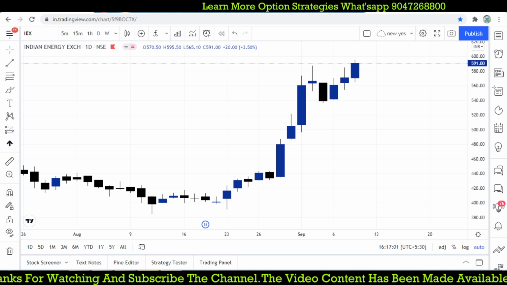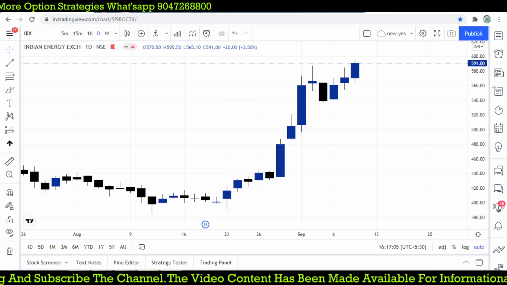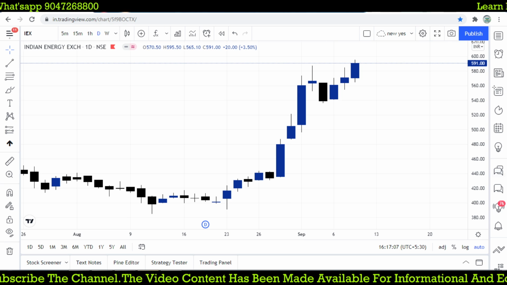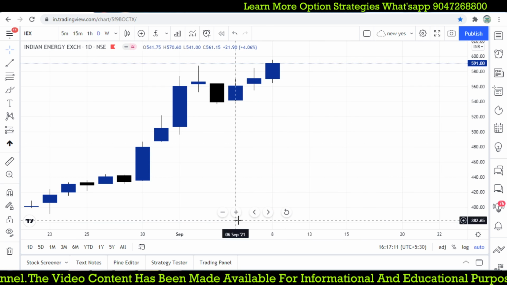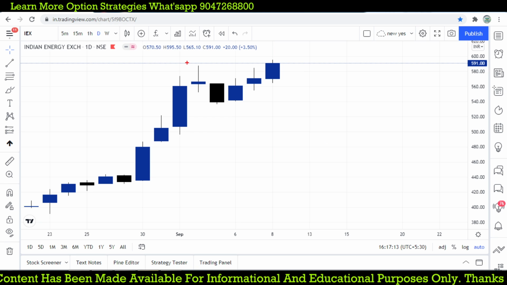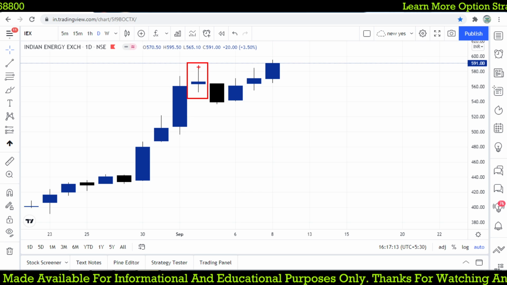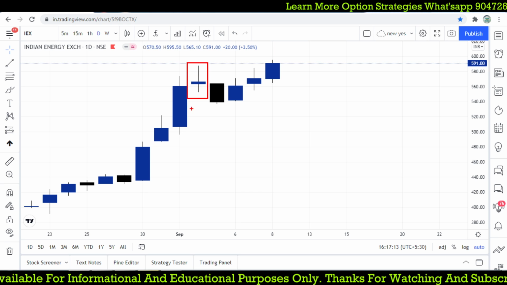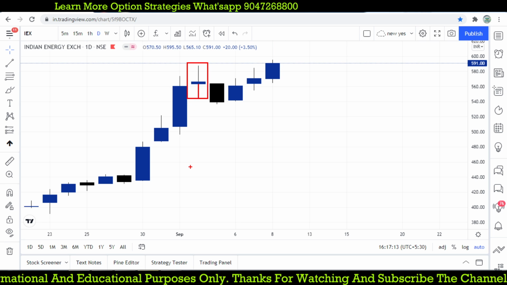Let me discuss which candlesticks I followed to make the trade. When you look at this pattern, the first candle that forms is a kind of spinning top, but the wicks of this candle should be equal, and the lower wick is not equal.